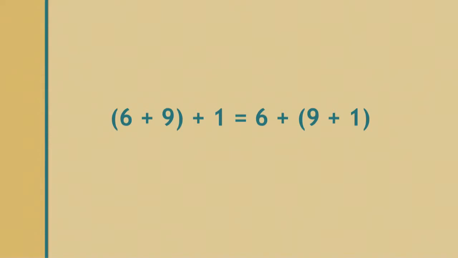On the left side, we do the addition in the parentheses first, and that gives us 15. And 15 plus 1 equals 16. Okay. On the right side, we do the addition in the parentheses first, and 9 plus 1 equals 10. And then 6 plus 10 equals 16. So yes, indeed, the 2 sides are equal to each other.